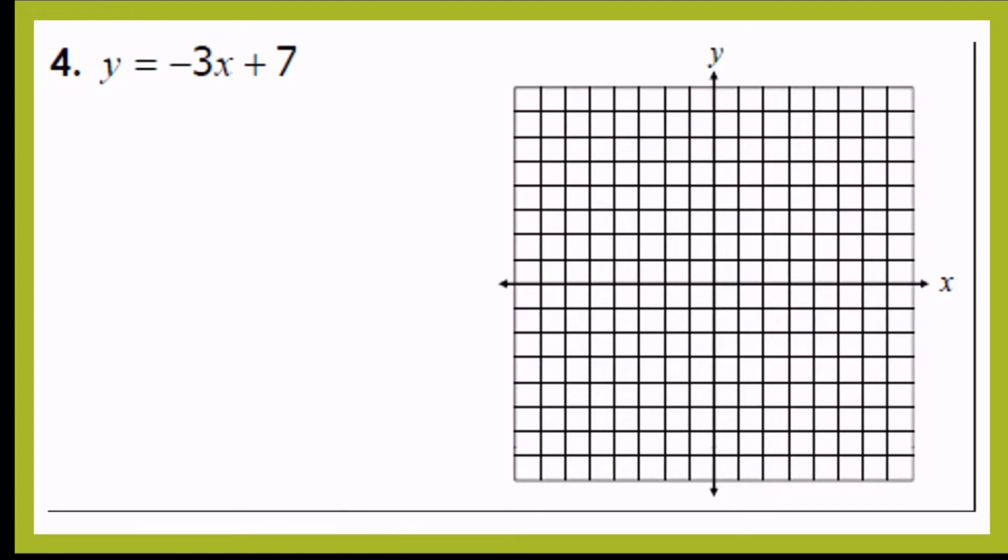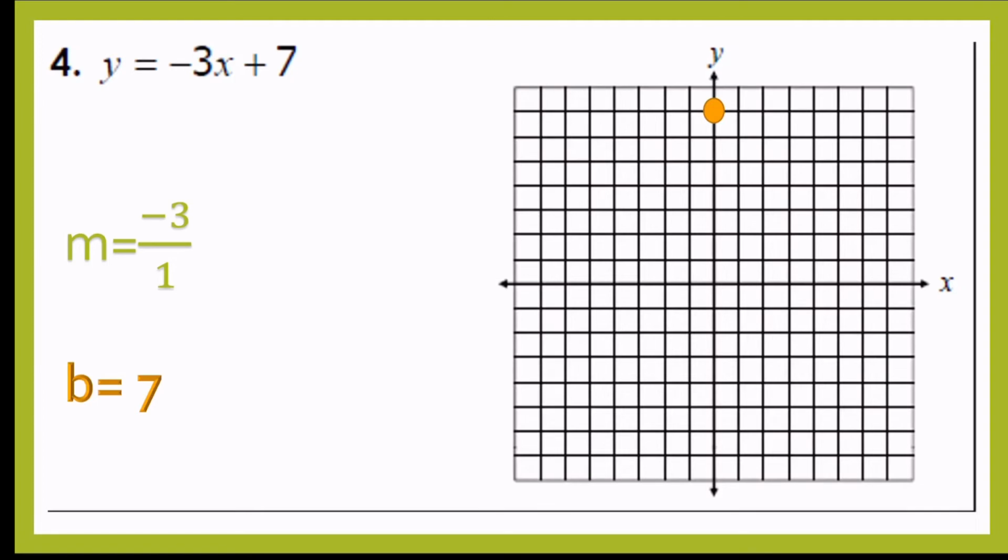So still same process. I identify my B, that's 7. That is where I'm going to begin. So I put a point at 7. Now if we look, my slope in my problem, the number that's multiplied by the x, is a -3. But remember, every number can be made into a fraction by putting it over 1.